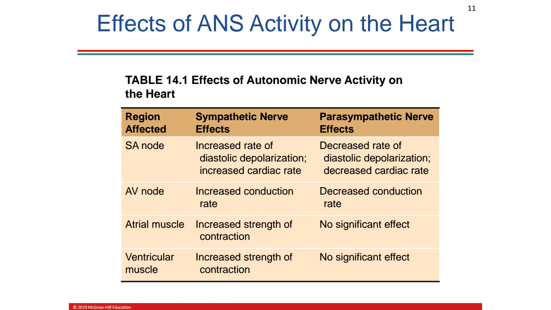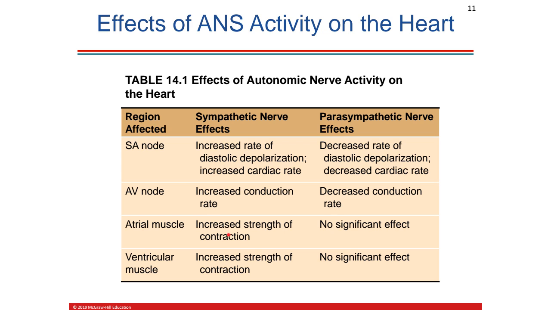This table from your book summarizes the things we've talked about. At the SA node, sympathetic nerves increase the rate of depolarization of the pacemaker cells, and this leads to an increased cardiac rate. At the AV node, there's an increased conduction rate mediated by the sympathetic nervous system.